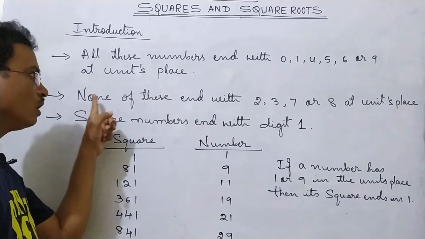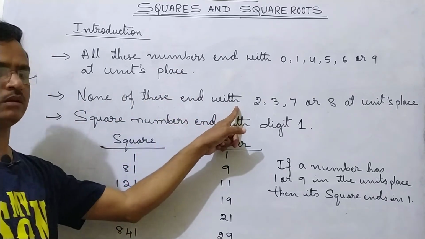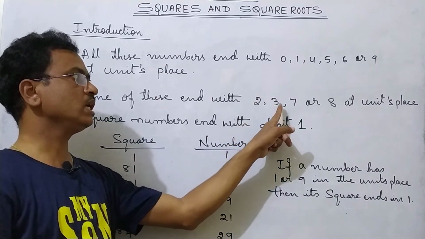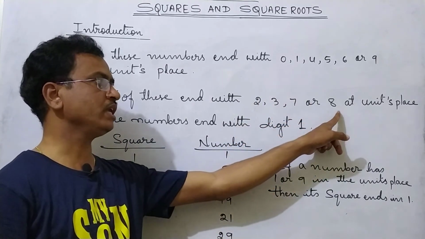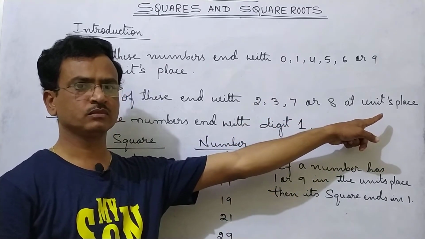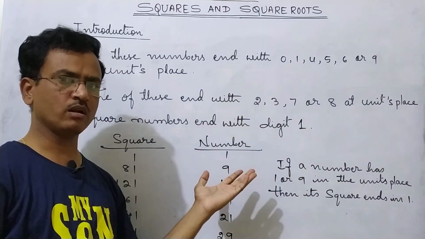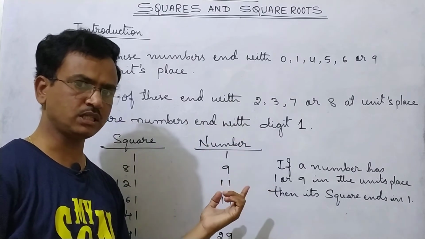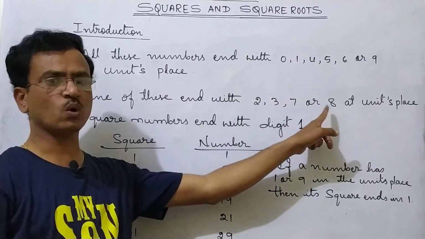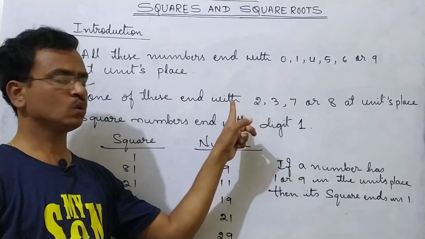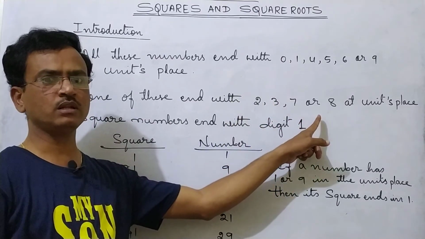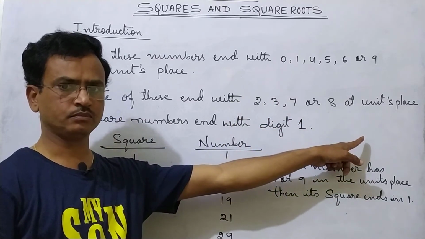Next point, none of these end with 2, 3, 7 or 8 at the units place. In all these perfect square numbers, the units place digits 2, 3, 7 or 8 are not there.